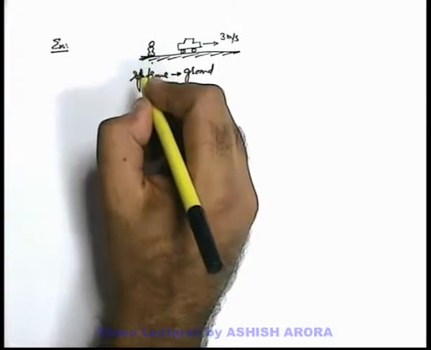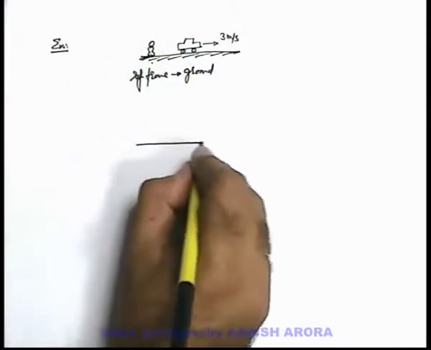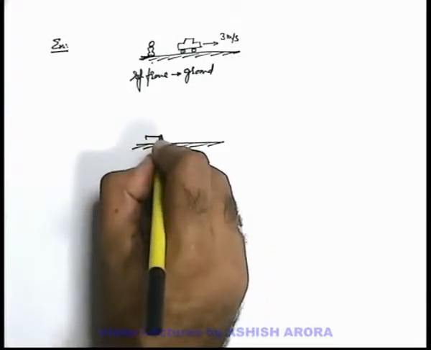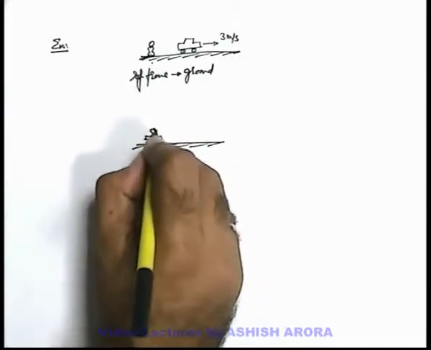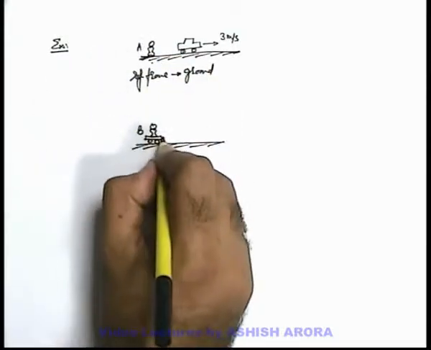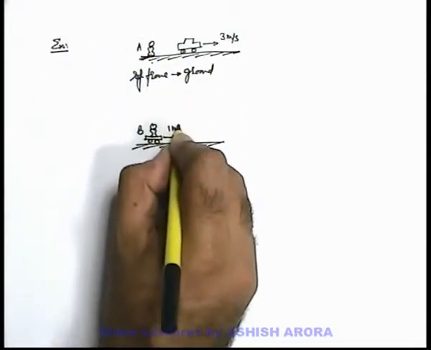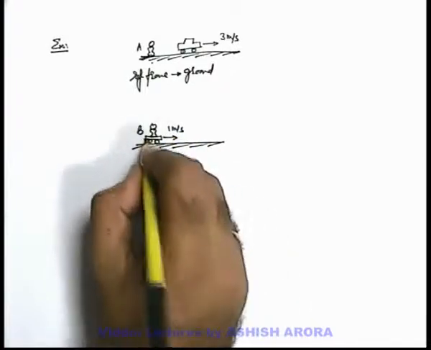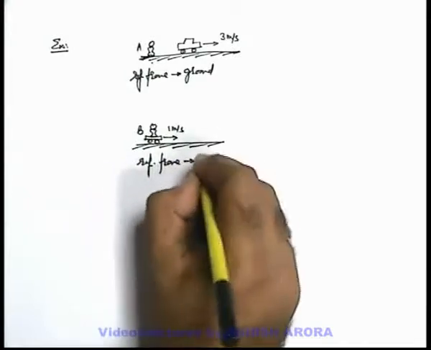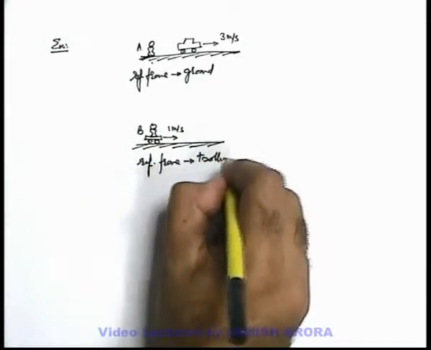Now consider another observer moving on a trolley like this. Say this is observer A, and this is observer B, who is on a trolley which is moving at a speed of 1 meter per second. So here we can call the reference frame the trolley.